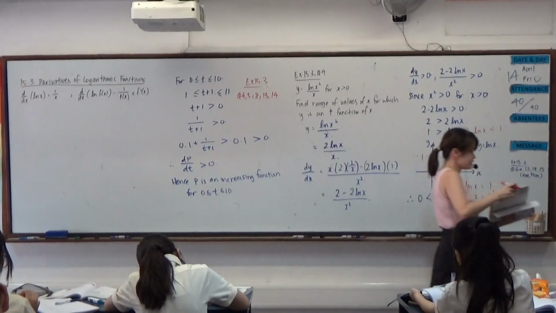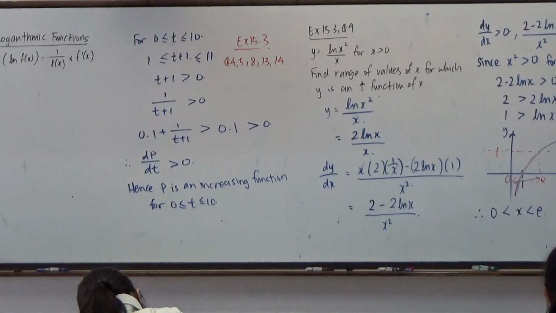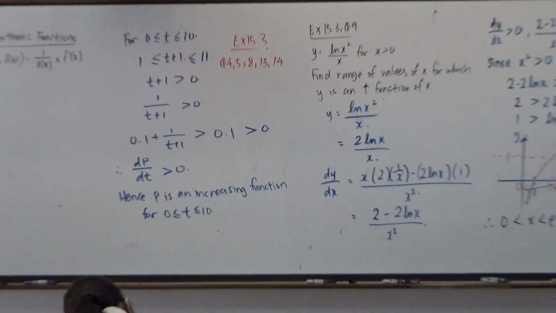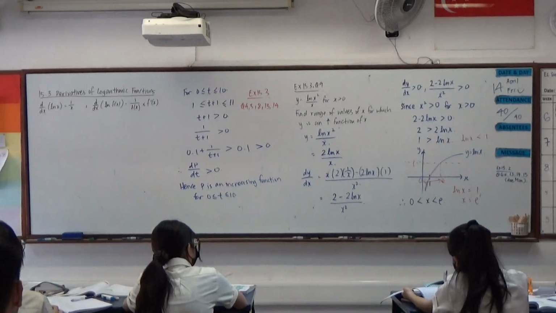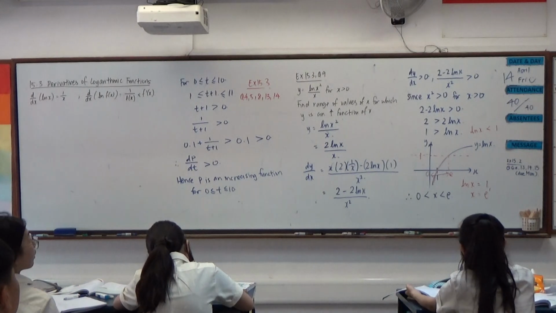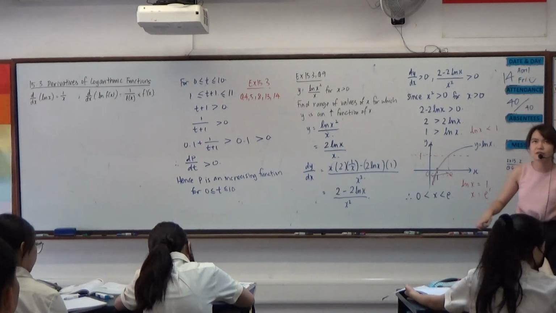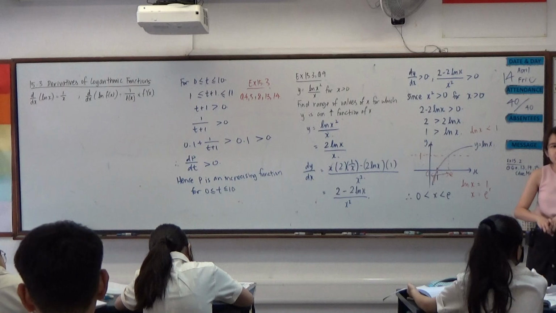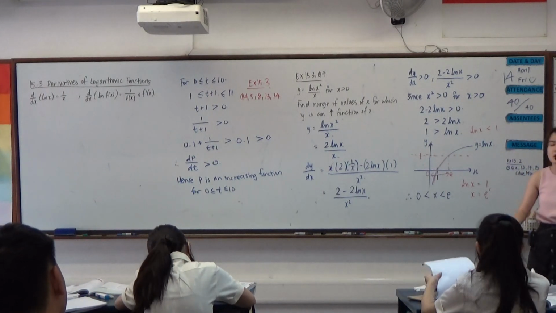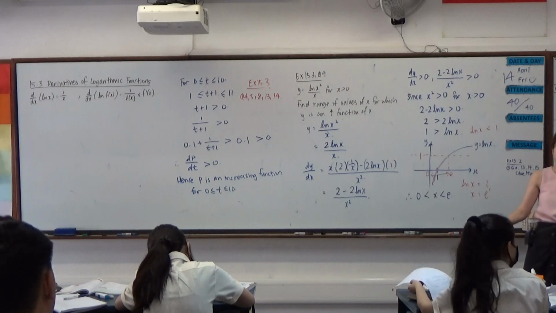Okay, 5 questions. Right, 4, 5, 8, 13, 14. By the way, I have already uploaded this morning a set of A-Maths practice questions for your WA2. There is no past year paper that I can send you because past year paper WA2 tests different things.